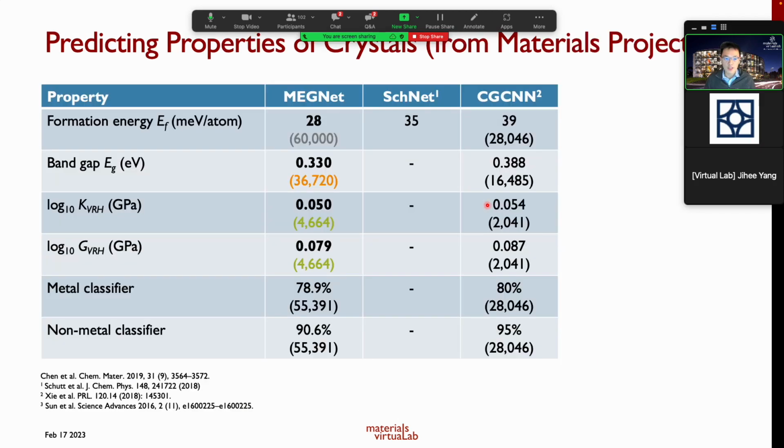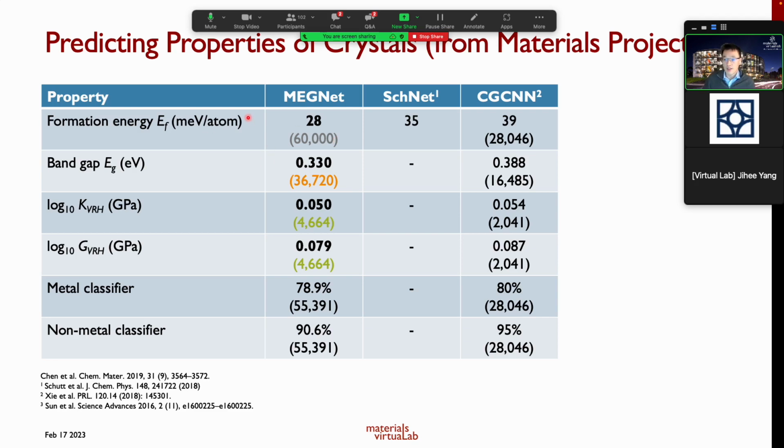The first thing that we did was to take the data that we already have from the Materials Project and train MEGNet models to predict key properties of materials, such as the formation energies, the band gaps, the bulk and shear moduli, and also do some classification tasks like whether a material is likely to be a metal or an insulator.